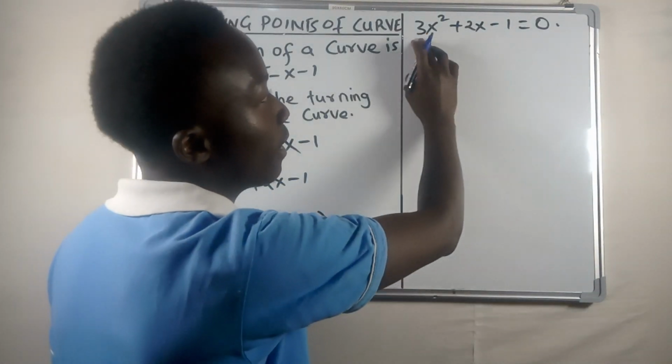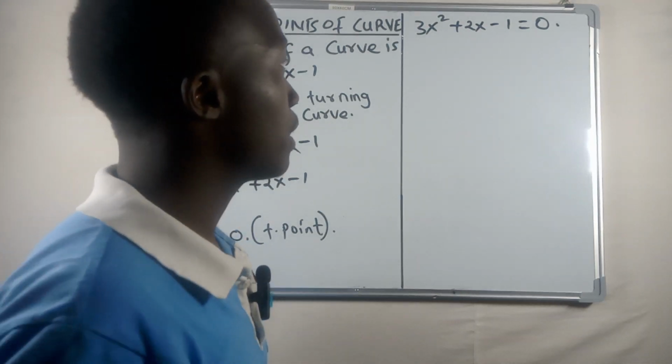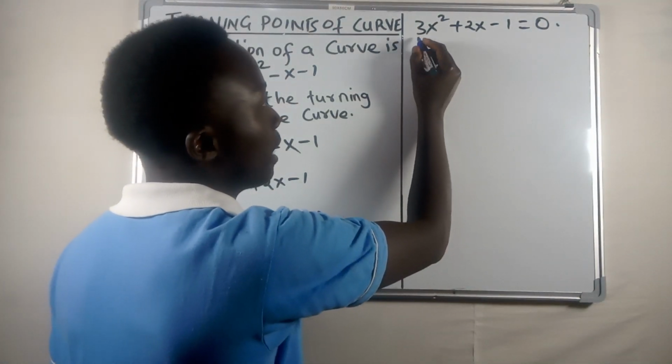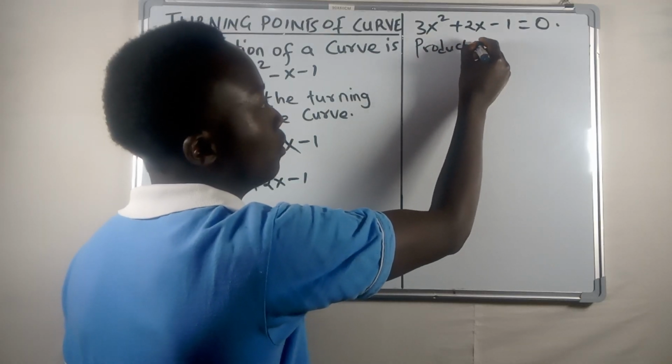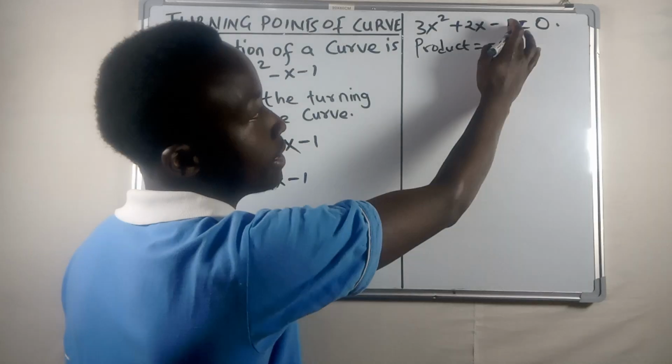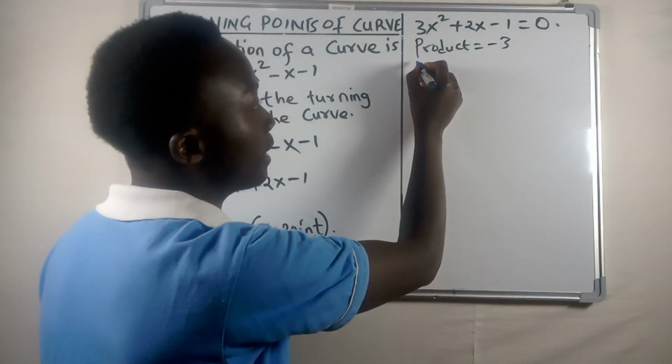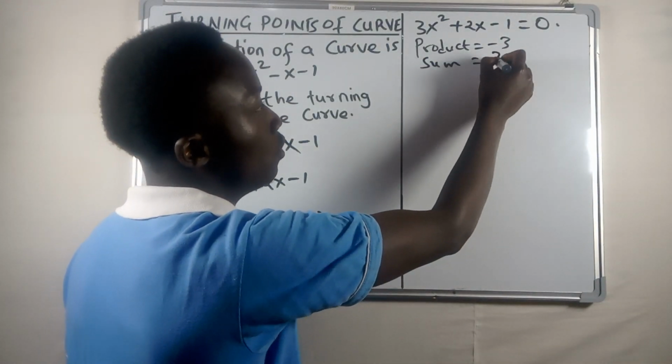So this is a quadratic equation, so we can solve it using factorization. We can first find the product, which is equal to negative 3, that is a times c. Then we find the sum, which is 2.